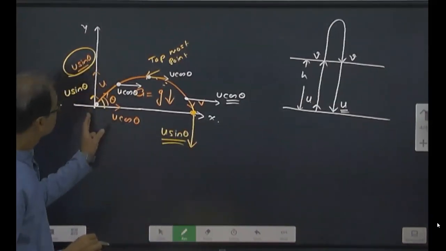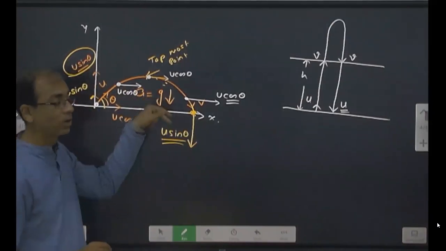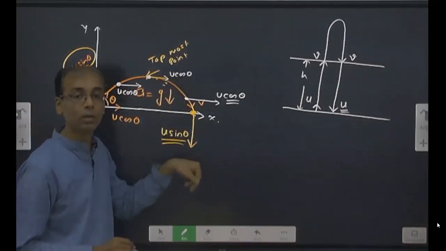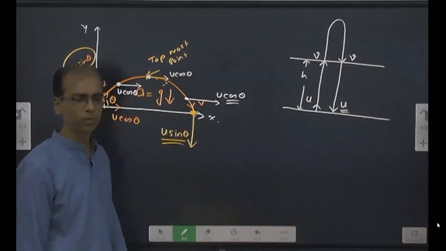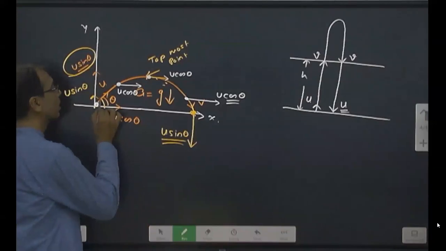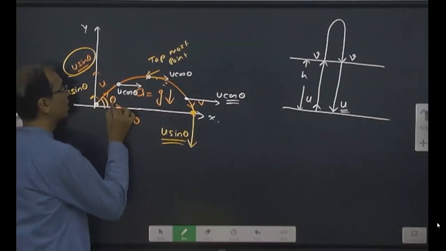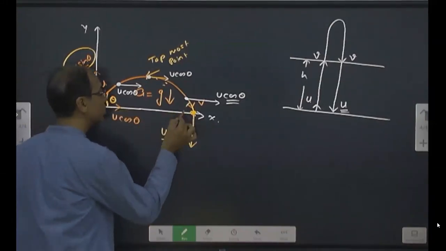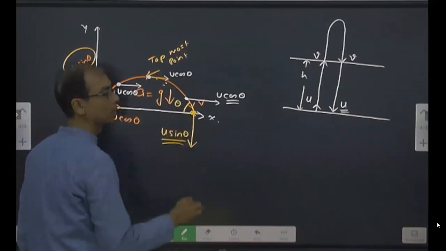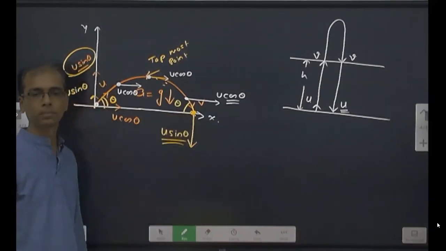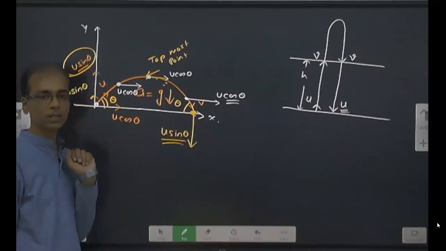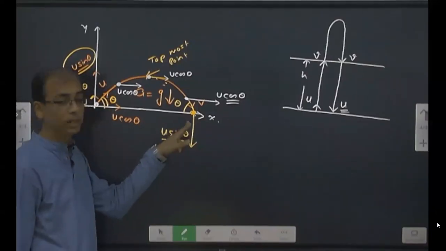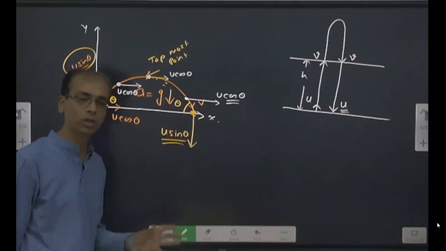With whatever velocity you projected it upwards, with the same velocity, it's going to hit the ground downwards. u sin theta. So what I'm trying to prove? I'm trying to tell you that if this is angle theta, then this angle is also theta. Understood that? If the angle of projection is theta, the angle with which the particle is going to strike the ground is also theta.